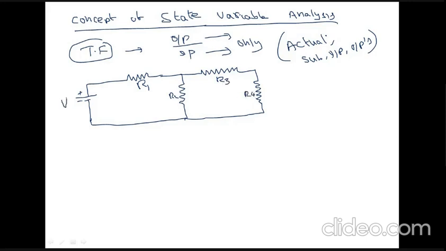Let Vin be the input voltage. Let V0, across R4, be the output voltage. Let the current flowing through this loop be I1 and the current flowing through this loop be I2.